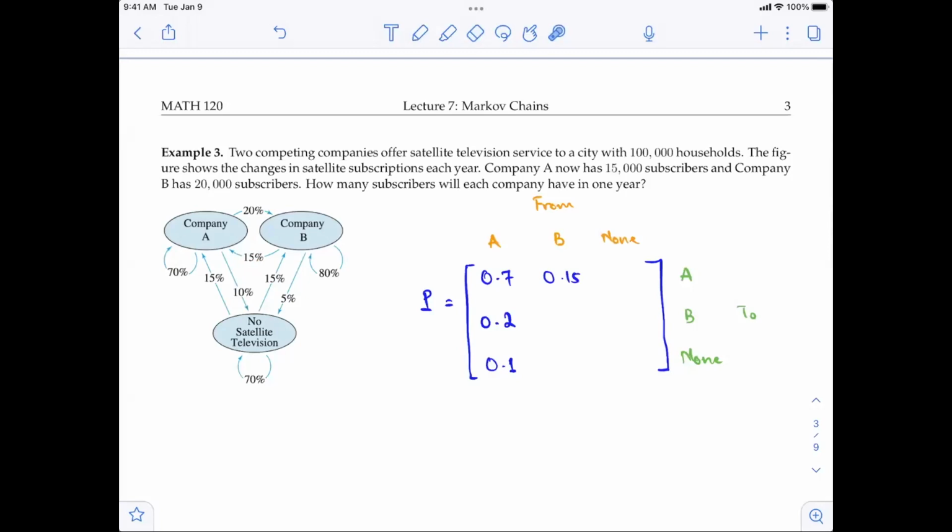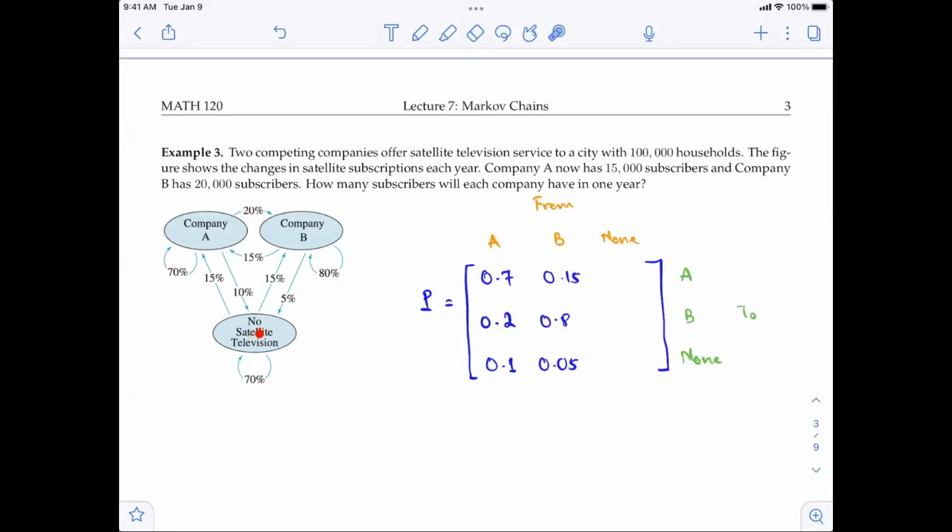Next, the subscriber using company B can decide to stay with company B, and there is an 80% chance that could happen, so 0.8. And someone using company B can cancel all the subscriptions and decide not to use satellite television at all. So there is a 5% chance that could happen, or 0.05.